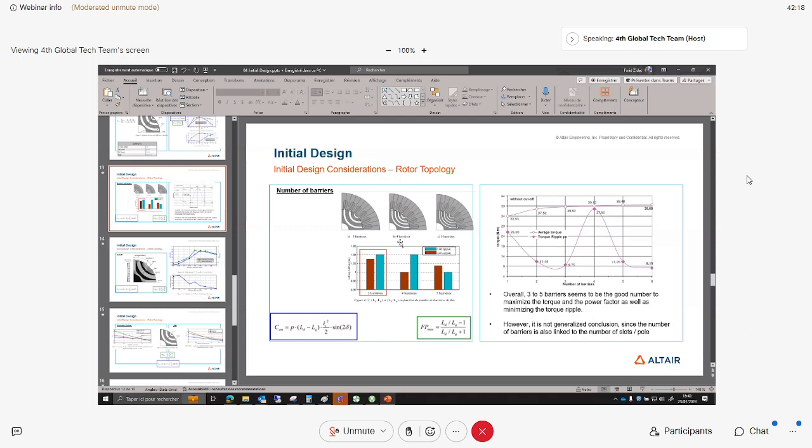Because if we have a lot of slots, maybe 5 layers is the right one. If we have a smaller number of slots, maybe 3 barriers is the right one. So depending on the configuration we have, we may test 3, 4, or 5 barriers.